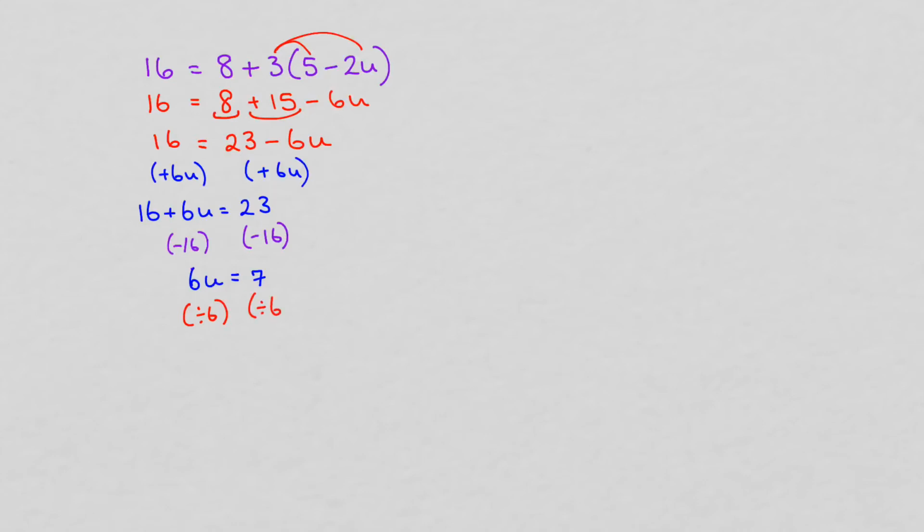And that leaves us with u equals... And remember, when your division doesn't work, write it as a fraction first. So 7/6. And if you want to, you could instead write u equals 1 1/6. Either of those is fine, but 7/6 or 1 1/6 doesn't have an exact decimal.